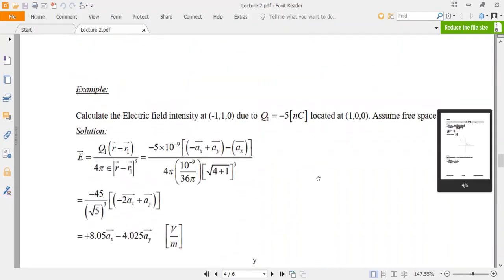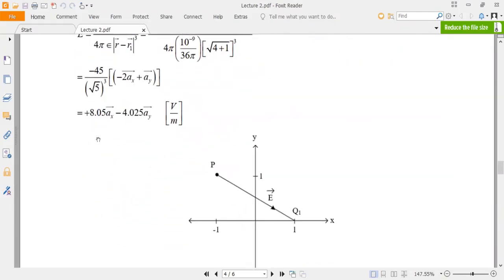And how is the electric field? Can we find the direction of the electric field? See here, how is the direction of your electric field? Positive AX, so that means this is the positive AX and negative AY.